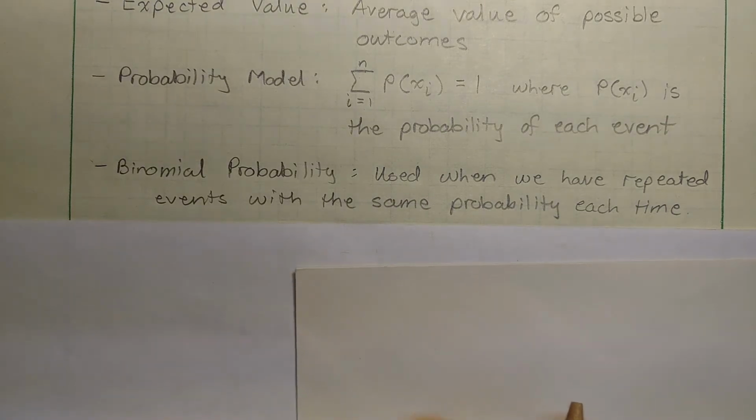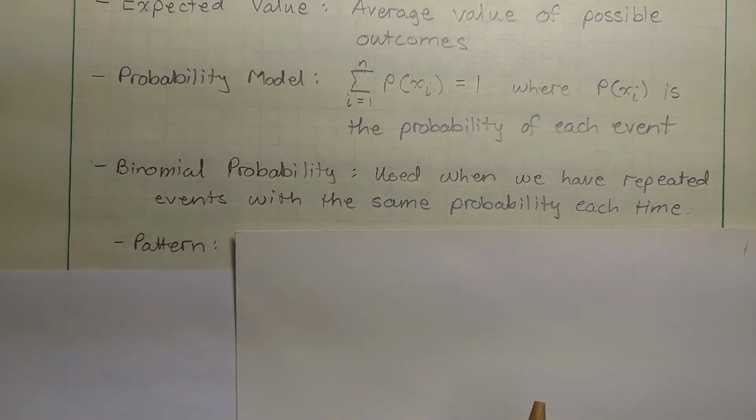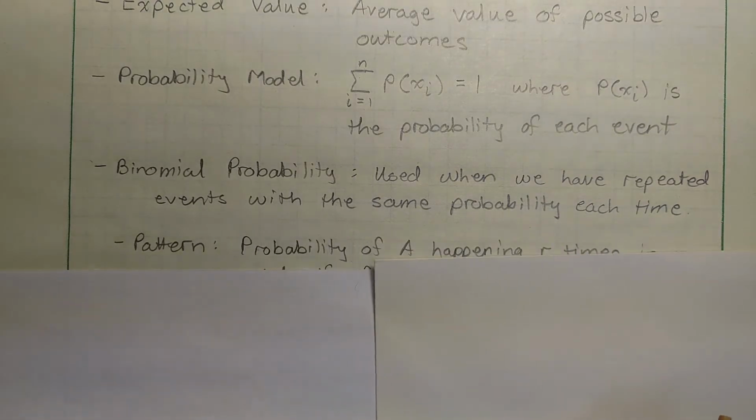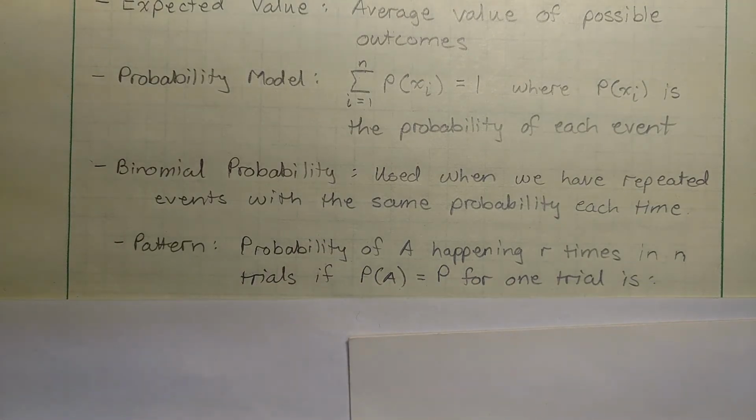All right, so let's take a look at the pattern here for binomial probability. This is why we call it binomial probabilities. When we look at this pattern, we're going to see it follows the pattern of the binomial theorem. That's why. So the probability of A, some occurrence happening, R times in n trials.